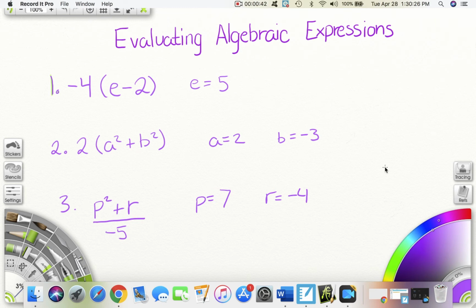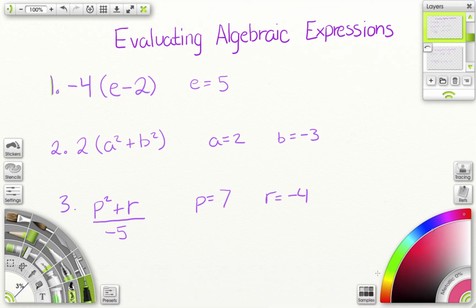Number one is -4, and then in brackets e minus 2. So first things first is we're going to plug in our e. So we have -4, and then we have 5 minus 2, and 5 minus 2 is 3. So now I have -4 times 3.